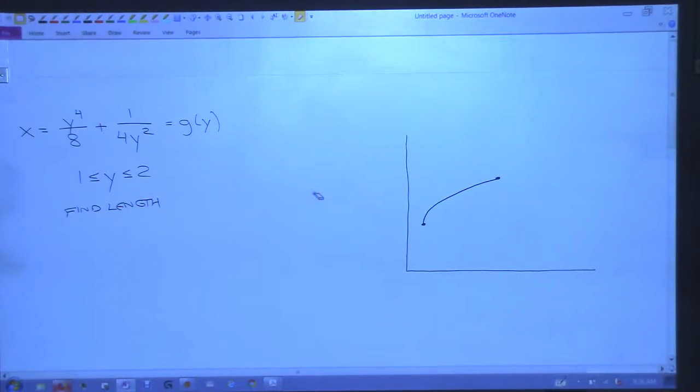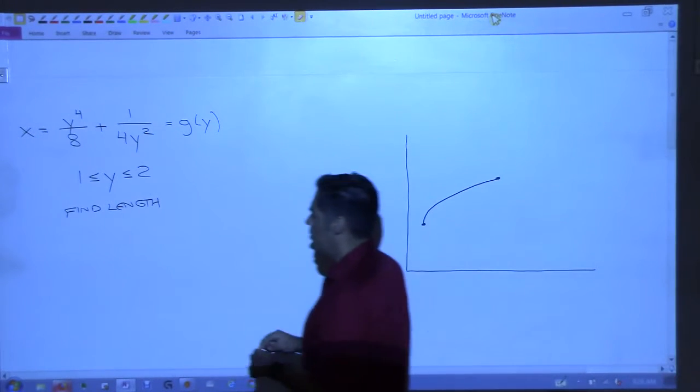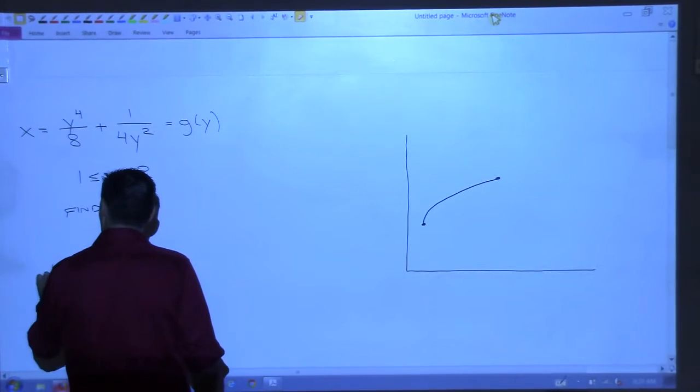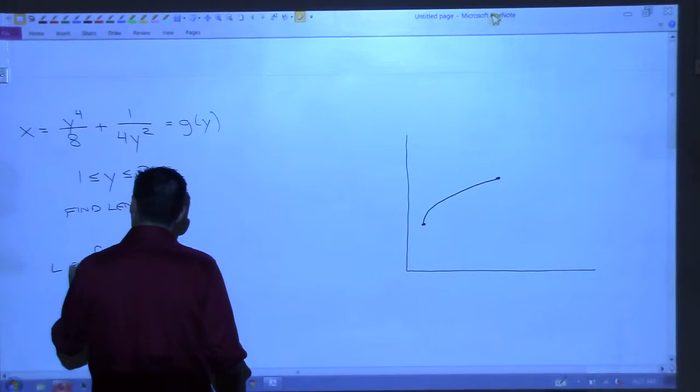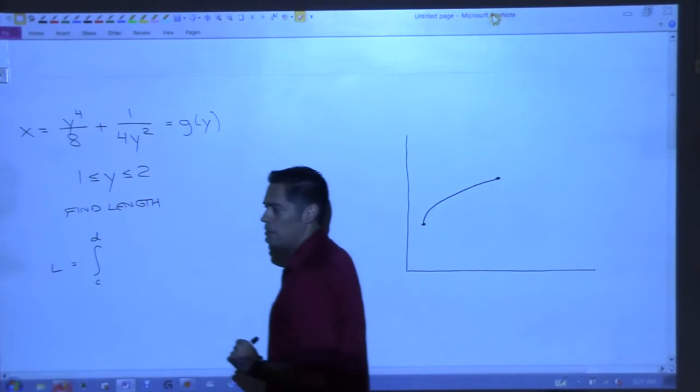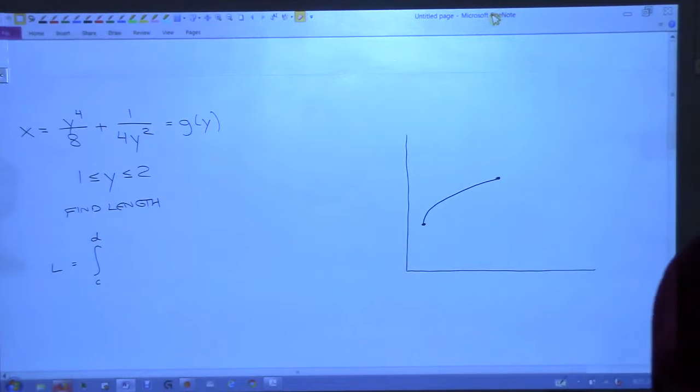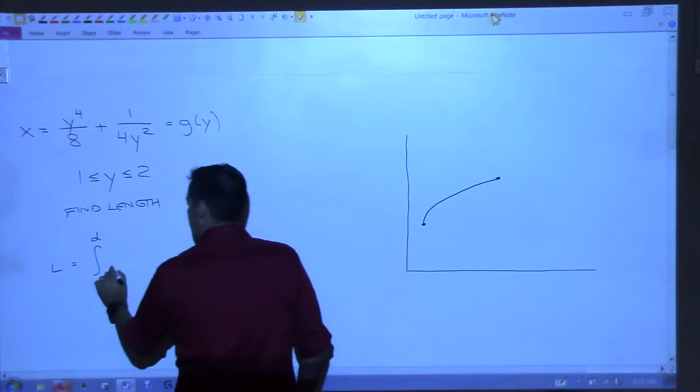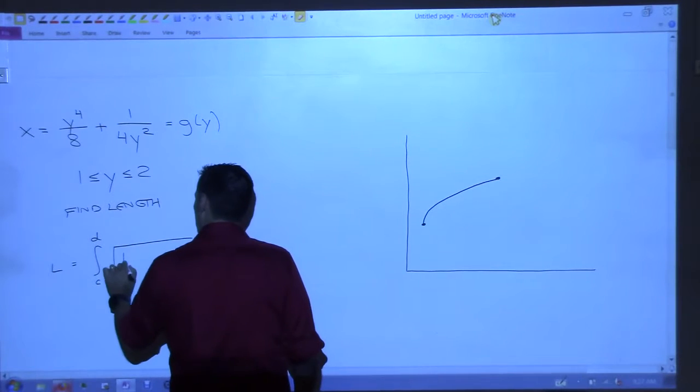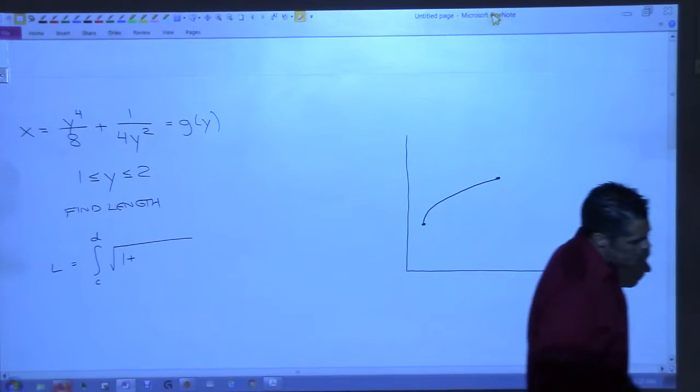All right, so I said we had 2 choices. Since this one is g of y, the length will be the integral from c to d, that's what's on your formula sheet, of the square root of 1 plus g prime of y squared, with respect to y.